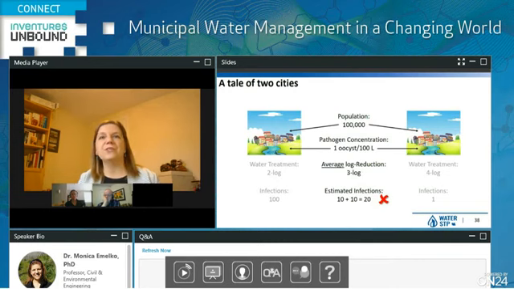So in the first city, we would see 100 infections. In the second, we would see 1, and we would expect the total to add up to 101, but in fact, it only adds up to 20 because of the 3 log.